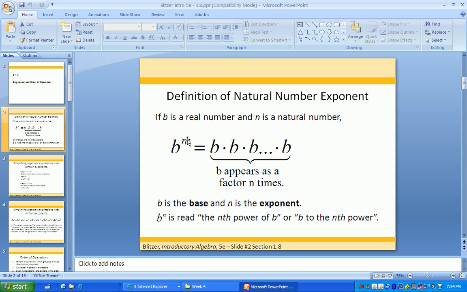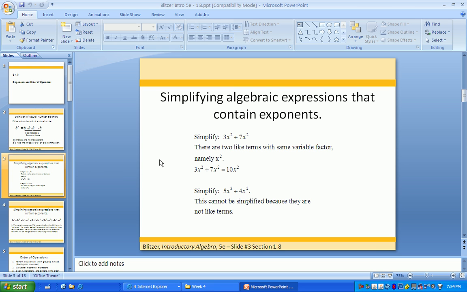In math you'll find that we like to use shortcuts a lot because it can get pretty time consuming and messy to write so many letters out each individual time. And the way we read this, b to the n is read the nth power of b, or b to the nth power. Let's go ahead and see what that really looks like with real numbers.